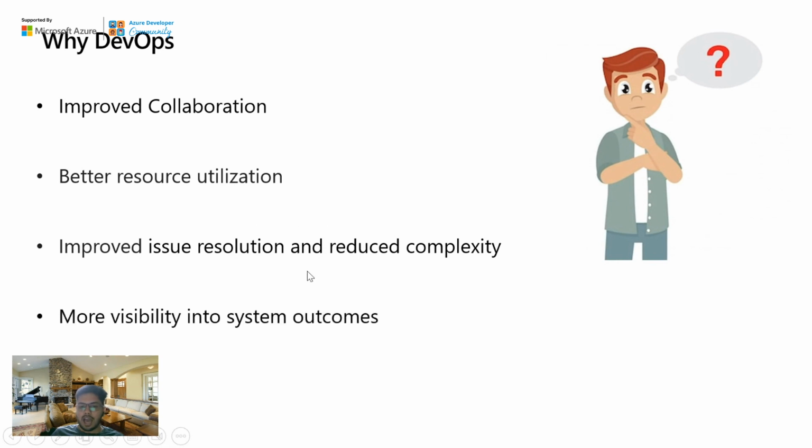Then further, we have a little bit more visibility into the system outcomes, because it is not like after we have completed the whole project that we find out that, okay, sign up functionality is able to update the database, and then login functionality is not able to retrieve those updated values.